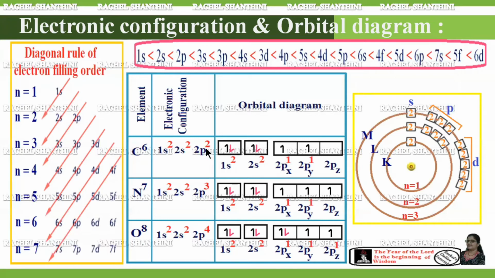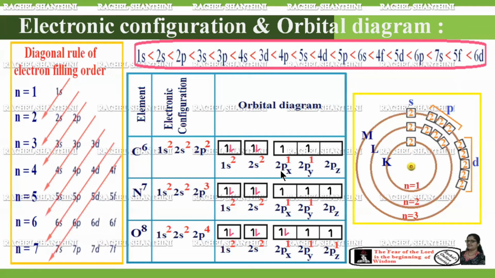So these remaining 2 electrons in p orbital won't pair up in 2px. Instead, one electron will go to 2px orbital and another electron will go to 2py orbital.